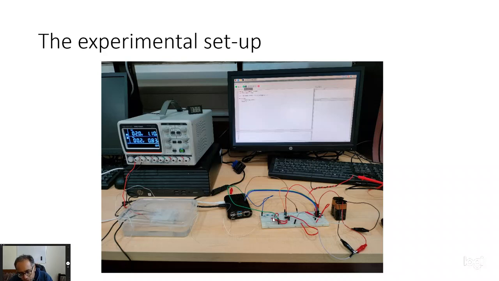The voltage from the Wheatstone bridge, the differential voltage, is now fed into this instrumentation amplifier. That instrumentation amplifier is being powered by two 9-volt batteries because you need a plus minus 9-volt connection. So that's being powered separately, and then the output from the instrumentation amplifier is fed into the ADC MCP3008, and this MCP3008 is connected to the Raspberry Pi. You've got power supply connections and also the communication protocol connections, the SPI connections.